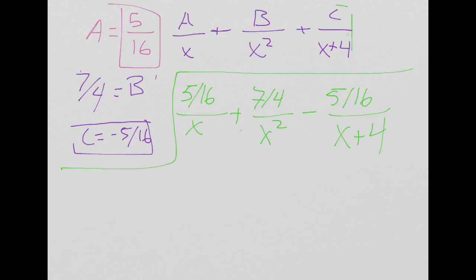And again, that whole thing should be equivalent to what we started with, which was 3x plus 7 over x cubed plus 4x squared. We're saying these are equivalent.